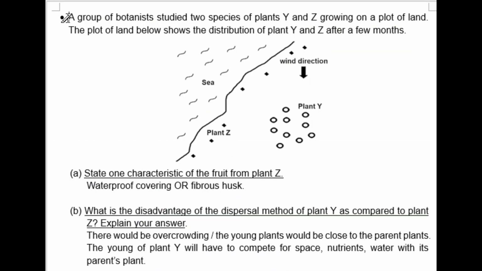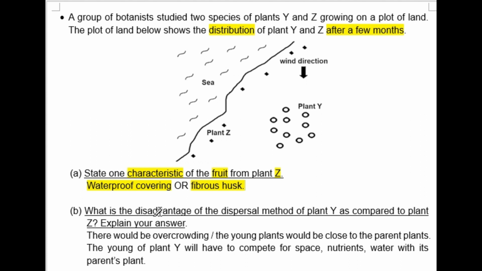A group of botanists studied 2 species of plants Y and Z growing on a plot of land. The plot of land below shows the distribution of plants Y and Z after a few months. A. State one characteristic of the fruit from plant Z. Waterproof covering or fibrous husk.